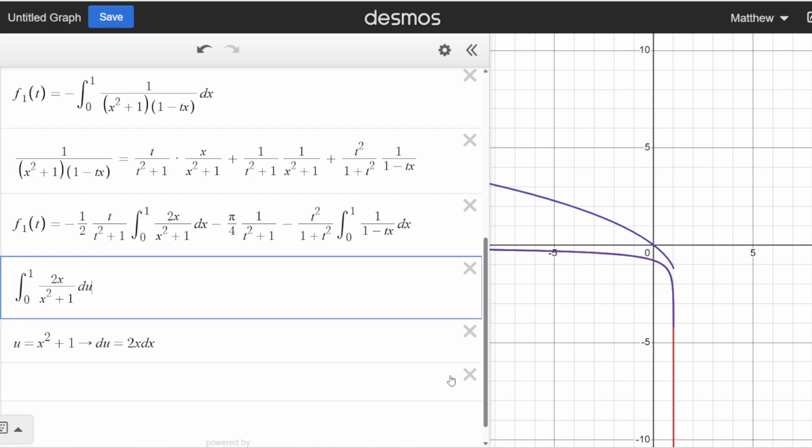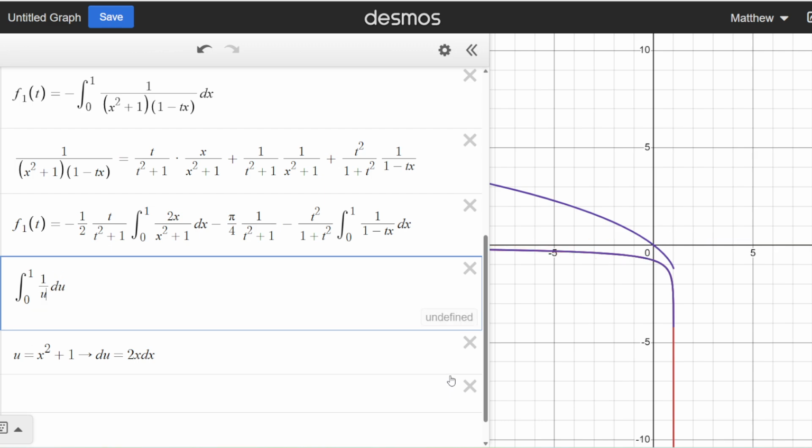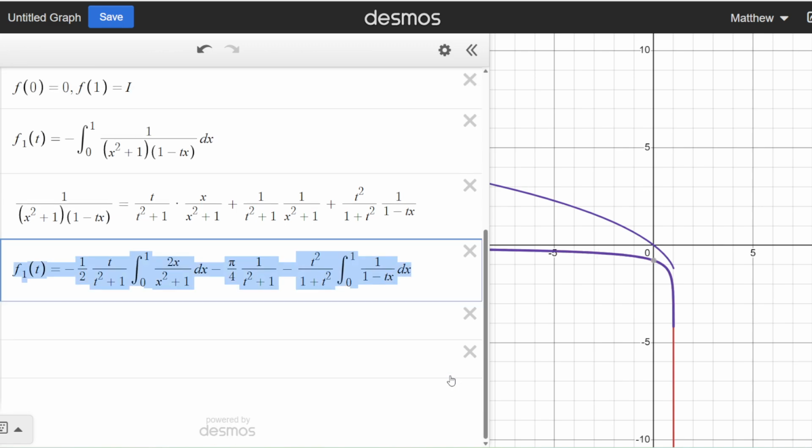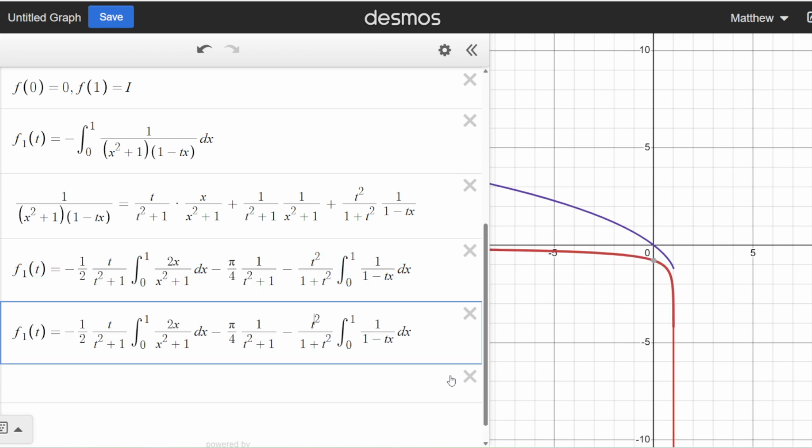So there's our du right here, 1 over u, but our bounds of integration would change to 2 and 1. Yeah, that's natural log 2. So this expression right here, we'll copy it down here. And this is just natural log 2. So we'll put natural log 2 right there. And of course, this stays the same.